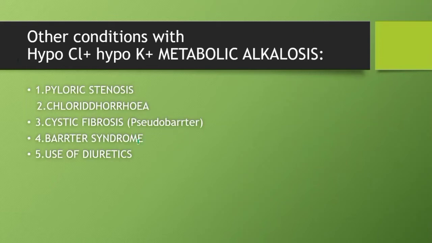I even saw a question where a child came with polyuria, polydipsia, with hypochloremia, hypokalemia, metabolic alkalosis, and there was a maternal history of polyhydramnios. So this is Bartter syndrome. In Bartter syndrome, there is usually a history of polyhydramnios, polyuria, polydipsia. The child usually presents with shock, and the blood picture is this, along with hypocalcemia.